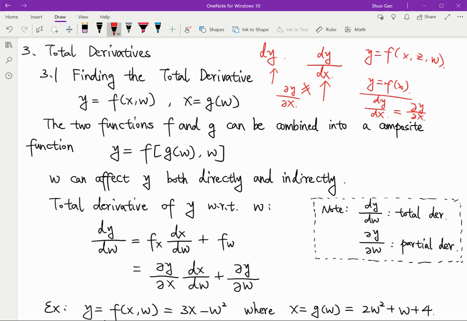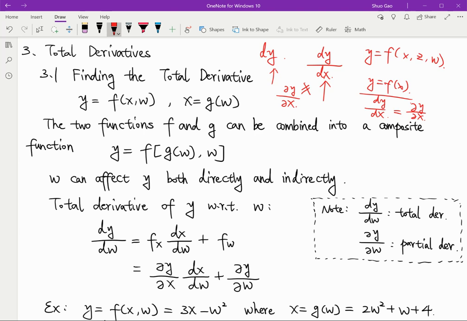Partial y over partial x is the change of y with respect to the change of x, but all the other variables, z and w, do not change. This is the definition of the partial derivative of y with respect to x.